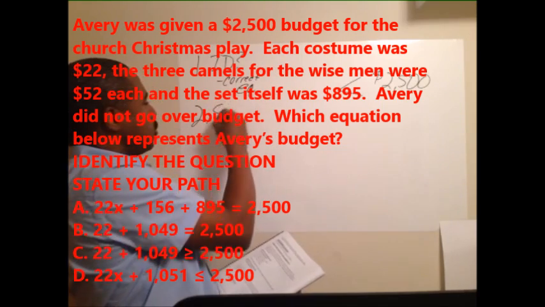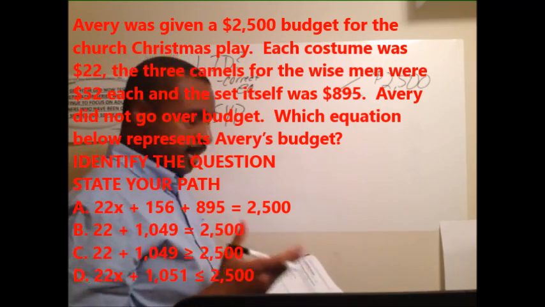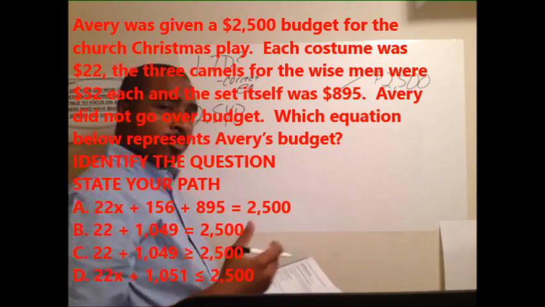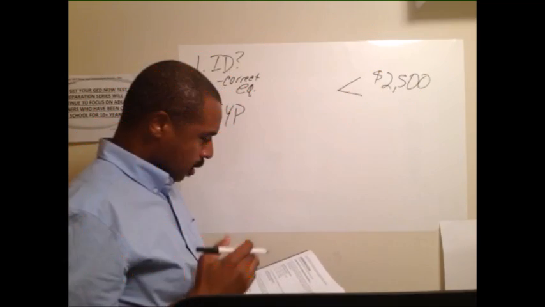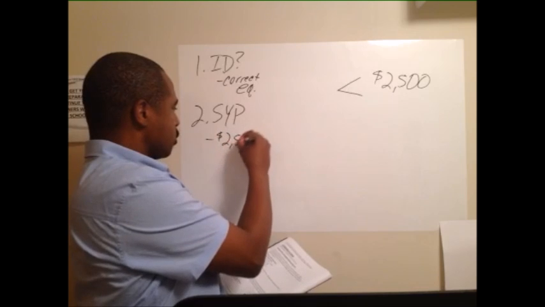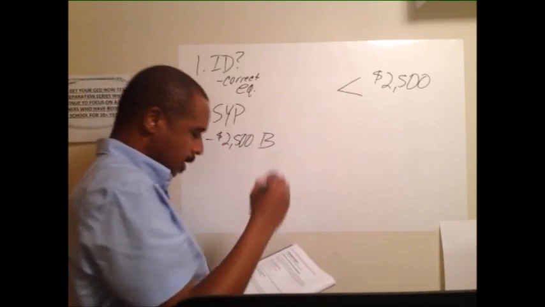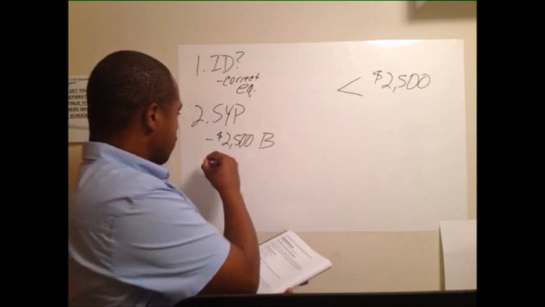And then number 2, when we say state your path, what we're talking about is listing out the pieces of the problem. So with the information given, how do we get back to the correct equation? So we're going to list out the information. We know the budget is $2,500. That's the total budget. I'm going to put a B right there. We know that each costume was $22.